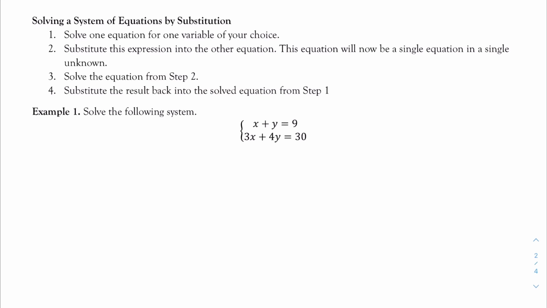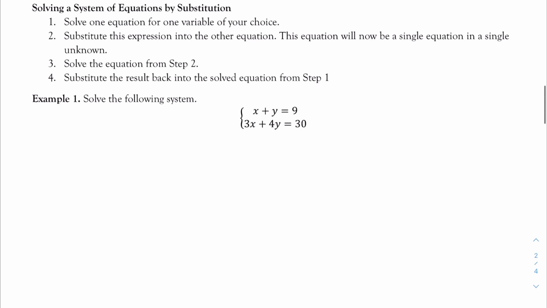In other words, I should end up with a single equation. After I get that single equation, I solve my new equation. And then that will solve for one variable. If I have one variable, I can solve for the other. If that sounded a little bit odd, don't worry, you're going to see it a little bit nicer whenever we do an example.